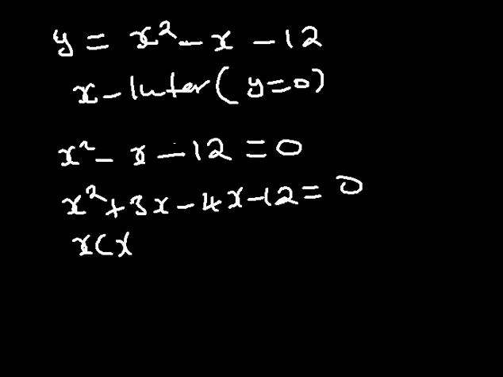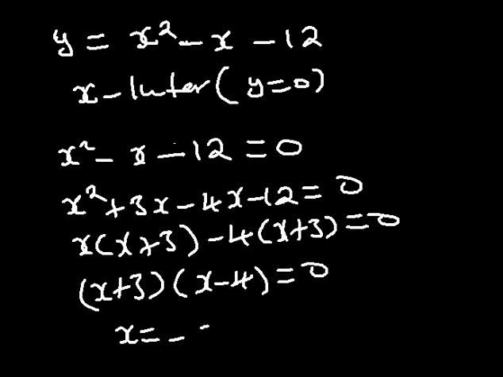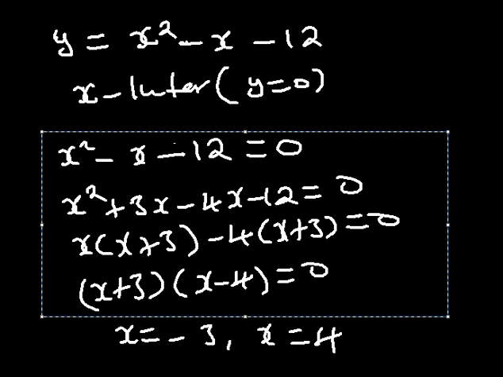You have x, plus 3, minus 4, the x plus 3, equal to 0. You have x plus 3 times x minus 4, equal to 0. Hence we have x is equal to negative 3 and x is equal to 4. So those are the x-intercepts you should get.